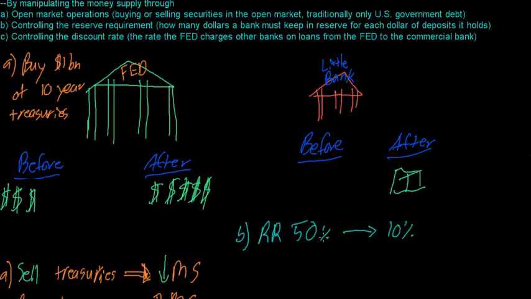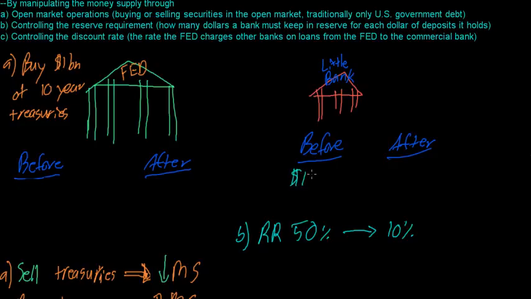Well, if the bank had 100 of my dollars, let's do this in a before and after again also. So the bank has, and I'll get rid of all of this because the Fed isn't doing anything here. So the bank before had 100 of my dollars, of my money, and it had to keep 50% of that.